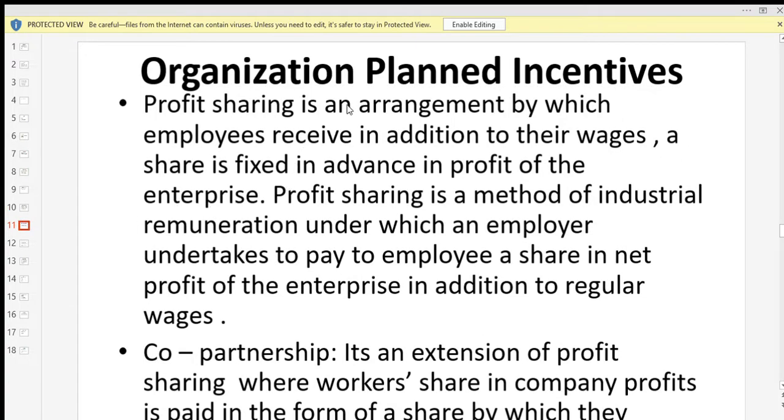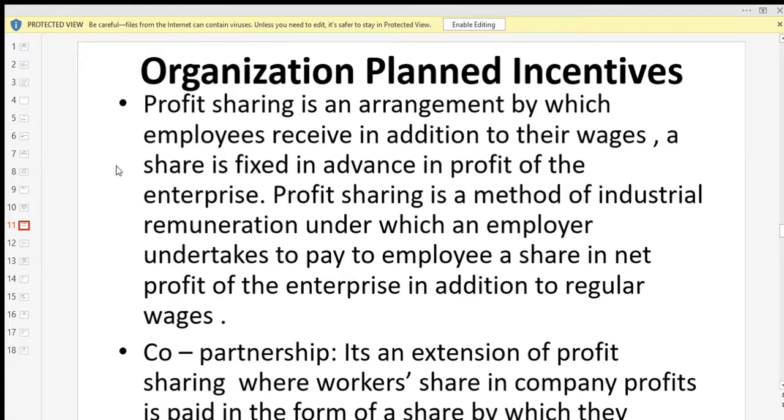Then we have organization planned incentives. Here we have profit sharing. It is an arrangement by which employees receive, in addition to their wages, a share, fixed in advance, in the profit of the enterprise. Profit sharing is a method of industrial remuneration under which an employer undertakes to pay the employee a share in the net profit of the enterprise in addition to regular wages.